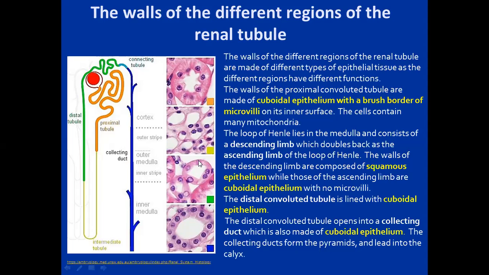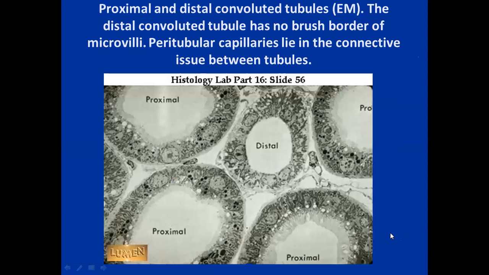And the cells are cuboidal. Okay. And then the collecting duct is very cuboidal cells, in other words, nice spherical nuclei, clean cut inner surface, so there are no microvilli. And look how much bigger the lumen here is than the top one, the proximal or even the distal convoluted tubule. And that's because the collecting duct is made of a number of distal convoluted tubules joined together. Okay, so the lumen has just gotten bigger and bigger.